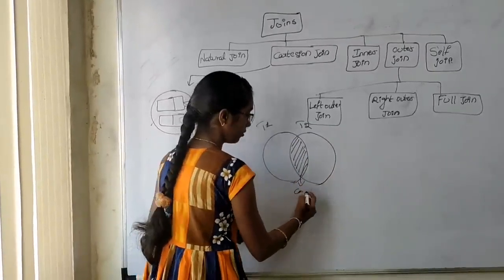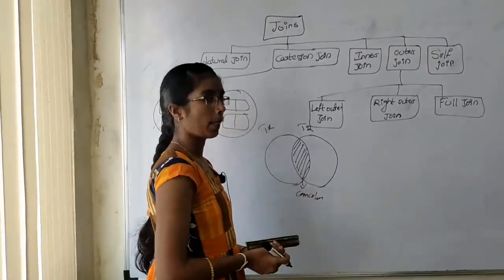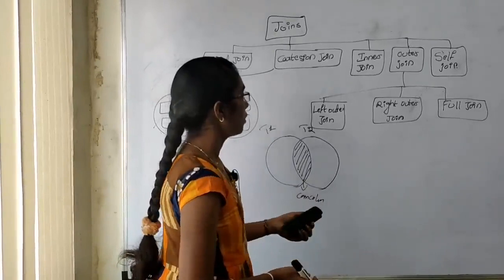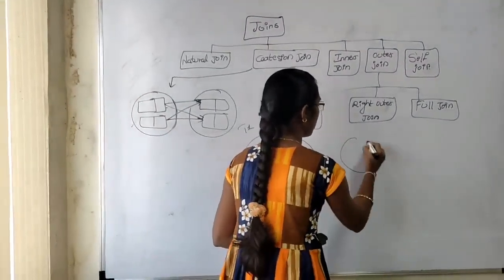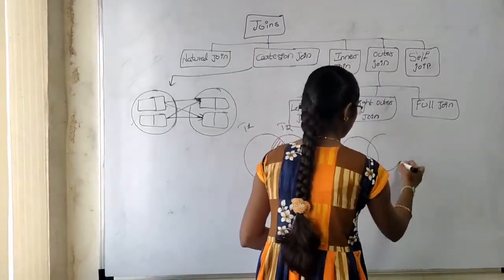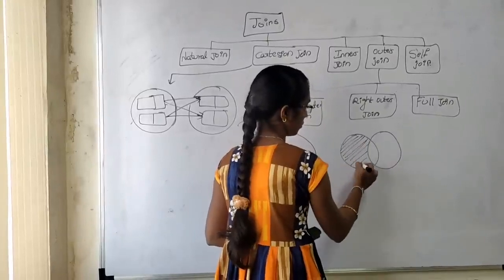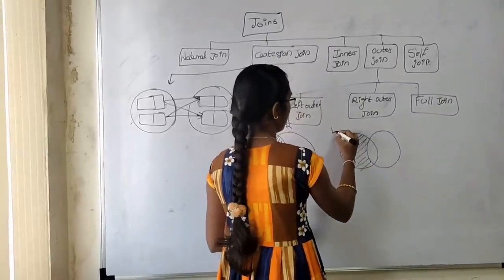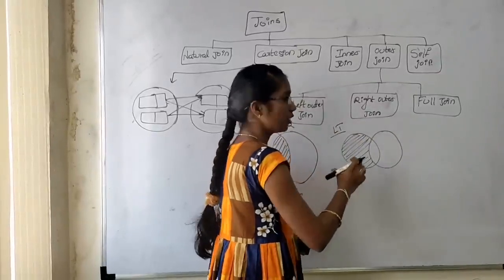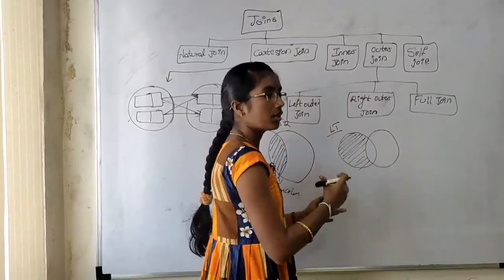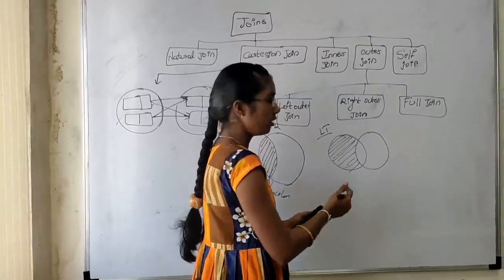Okay. Can you tell me about a left outer join with a diagram? Yes, ma'am, sure. So left outer join works like this. It prints all rows from the left table, and it also prints the common rows from the right table.